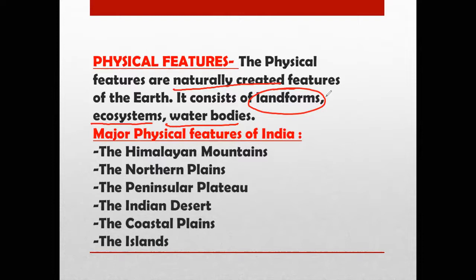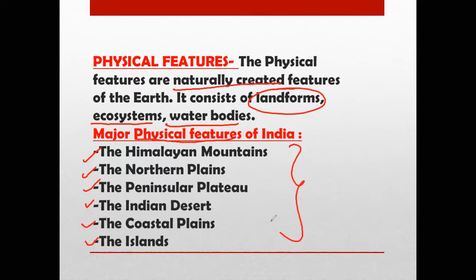Now in India, the major physiographic divisions or the major physical features are the Himalayan mountains, the northern plains, the peninsular plateau, the Indian desert, the coastal plains and the islands. Now it is worthy to note that India is the only country in the entire world that has all these physical features.